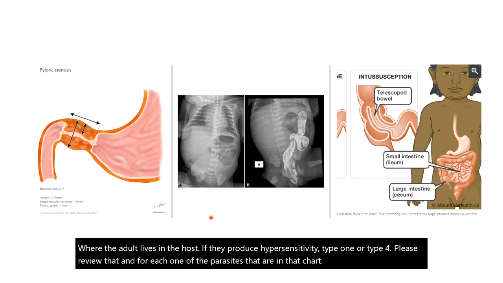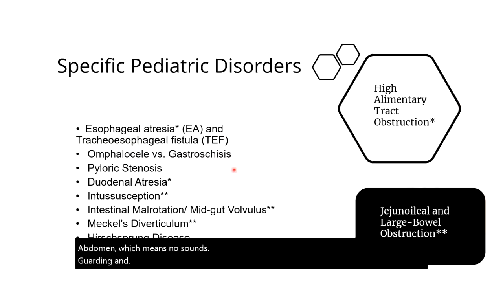Each one of these GI pediatric disorders can cause vomiting, can cause abdominal pain, and can cause acute abdomen, which means no bowel sounds, guarding, and rebound tenderness after palpation. That's a high tract obstruction.